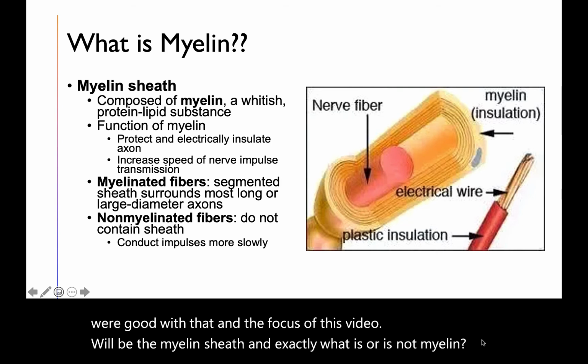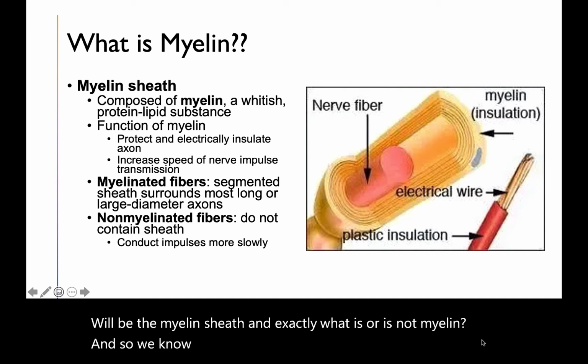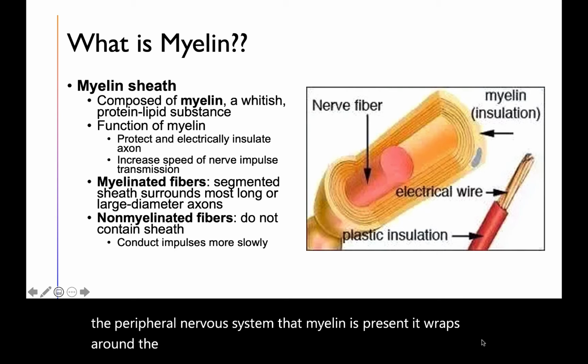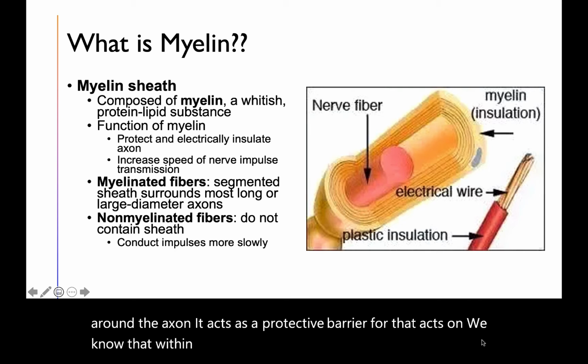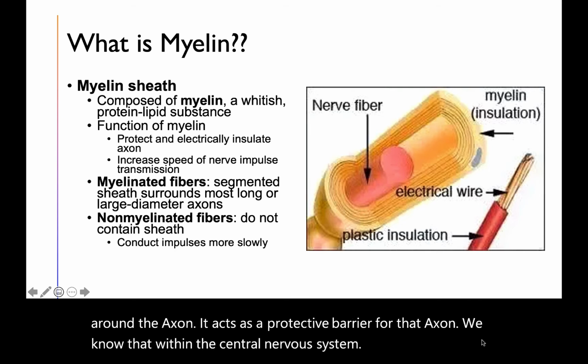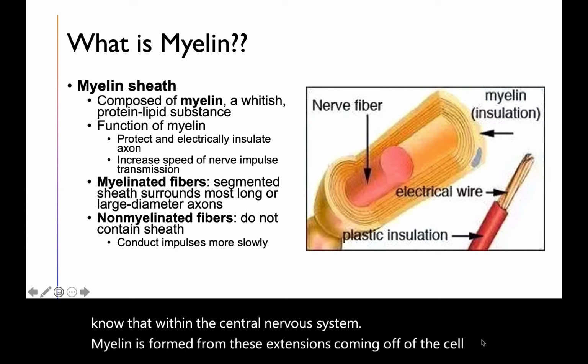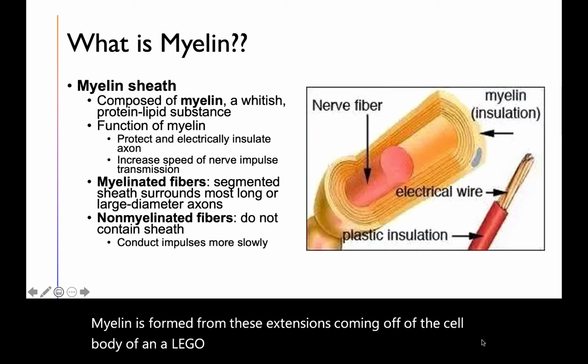And so we know that both within the central nervous system and the peripheral nervous system, myelin is present. It wraps around the axon. It acts as a protective barrier for that axon. We know that within the central nervous system, myelin is formed from these extensions coming off of the cell body of an oligodendrocyte.